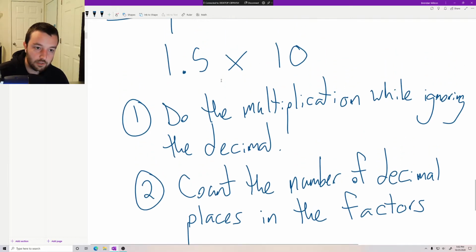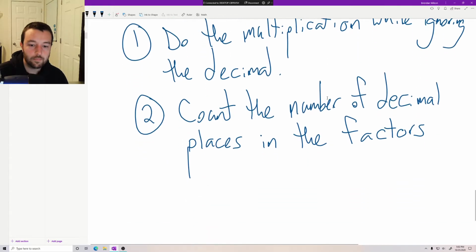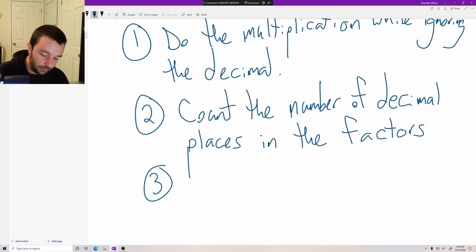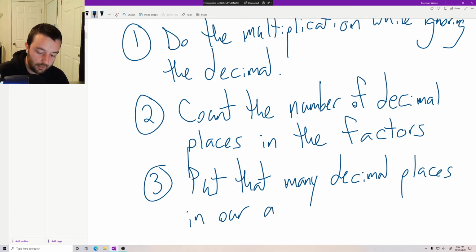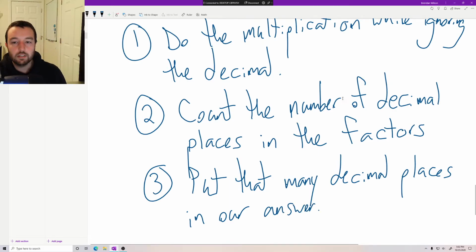Okay. So in the 1.5 and the 10. And then we're going to put that many decimal places in our answer. Okay. So it's a little bit different.